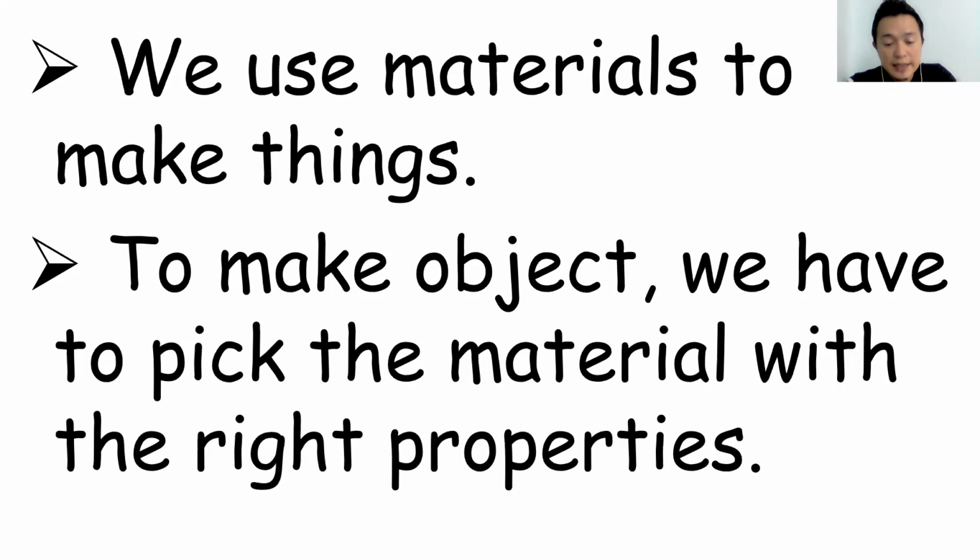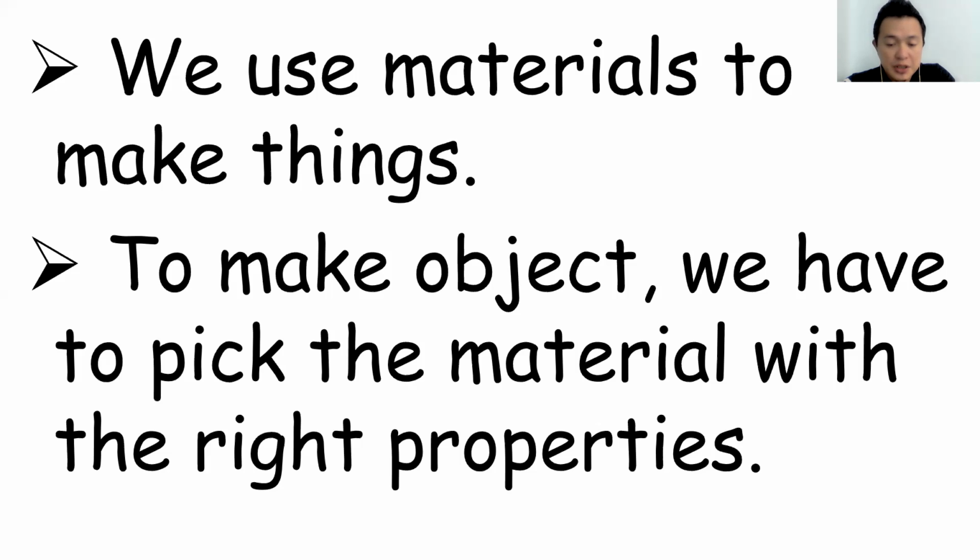So kids, remember, like for example, if you are going to make a toy, you have to choose a material which is suitable for making toys. You have to pick the best material that you need for you to do it.